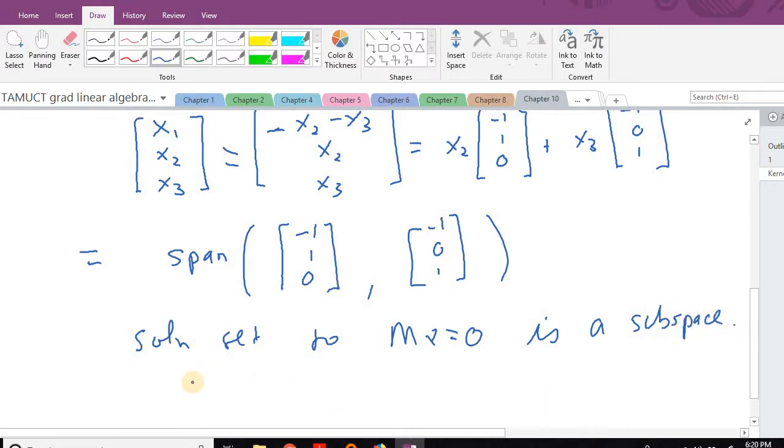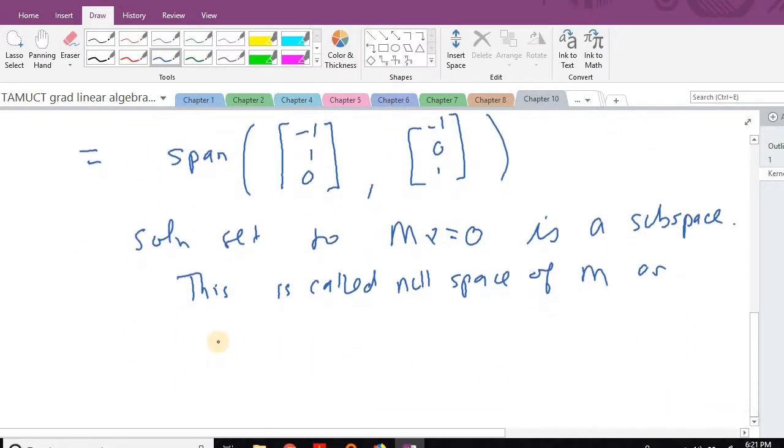And this is called the null space of M, or the kernel. It's just a name. Now, kernel is like the nut, so in some sense, that's the solid part. But I don't want to go further into that.